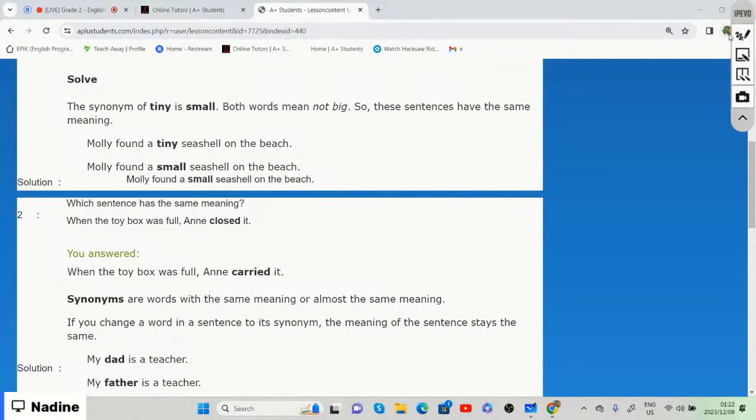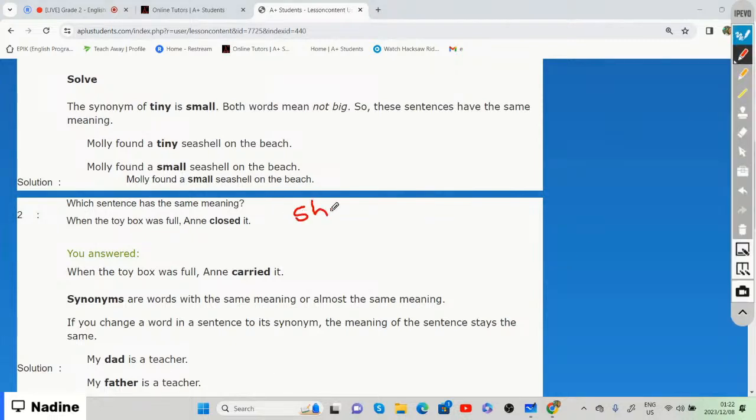So closed, and then we can also say shut. And shut means to close something. Either close the window, close the tap, shut the windows, right? Or we can just say close it.